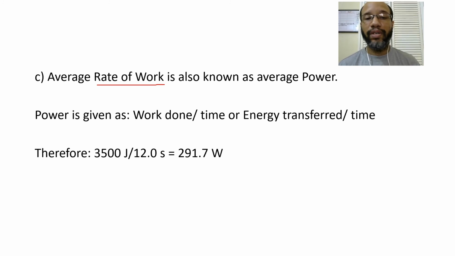So what is power? Power can either be work done divided by time, or energy transferred divided by time. So that will be 3,500 joules of work divided by 12.0 seconds, and that is going to give you 291.7 watts. Remember, the 3,500 joules, we had already gotten that from the previous question, so don't be surprised by that.